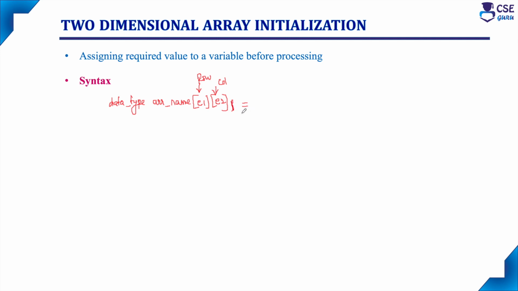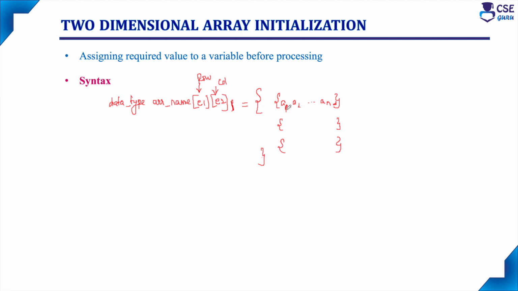I use the equal symbol with curly brackets, and for every row we have to use one set of curly brackets. If we have declared 3 rows, we have to use 3 sets of brackets. The first set of brackets will represent the first row.